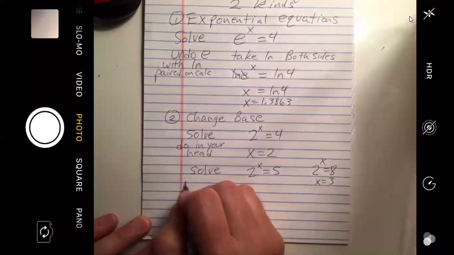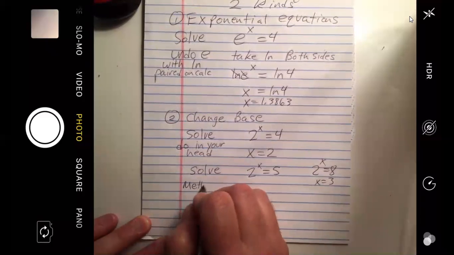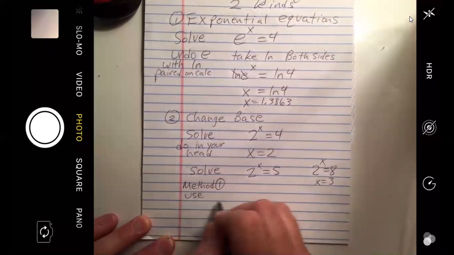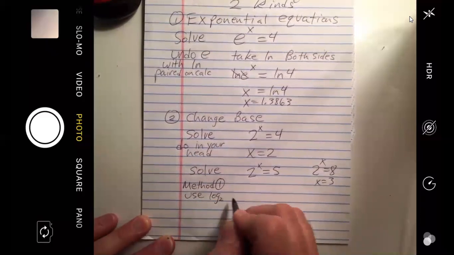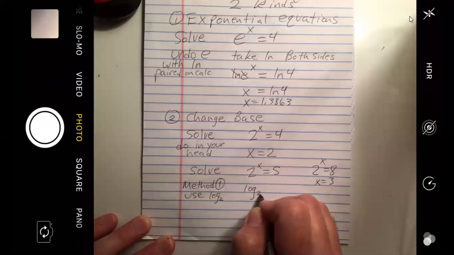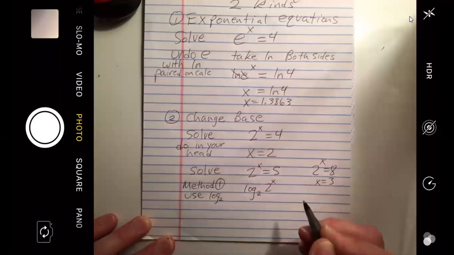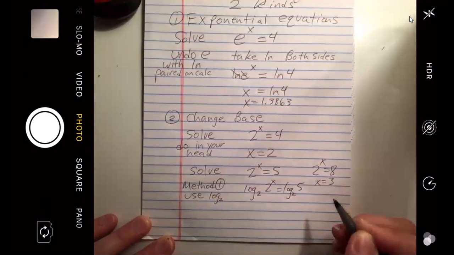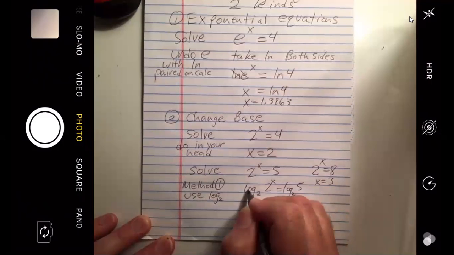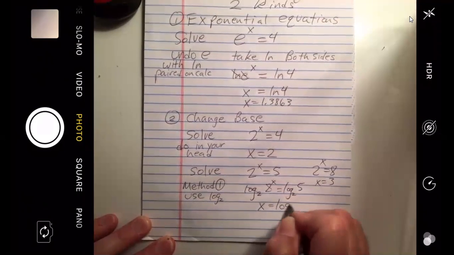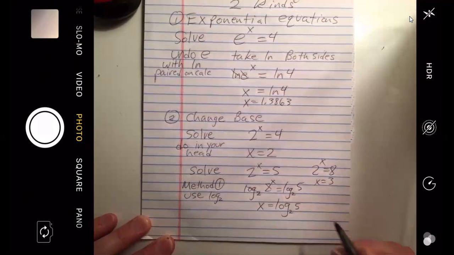Method 1: use log base 2. So log base 2 of 2 to the x would equal log base 2 of 5. These undo each other, leaving the x, and you have log base 2 of 5.